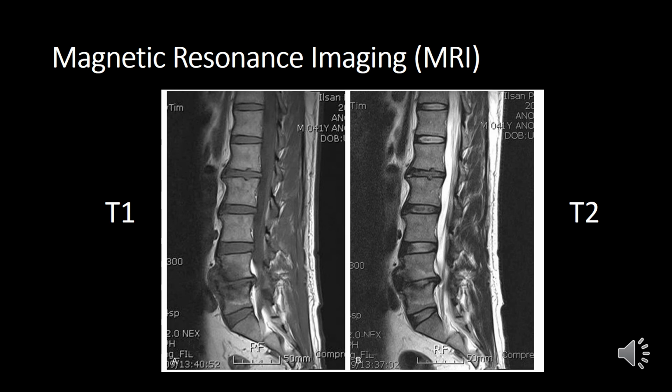So it's the same patient, and we can see that through our pathology in lumbar 4-5. So this is the same patient. The technologist just changed different technical factors, different parameters, in order to visualize certain structures.